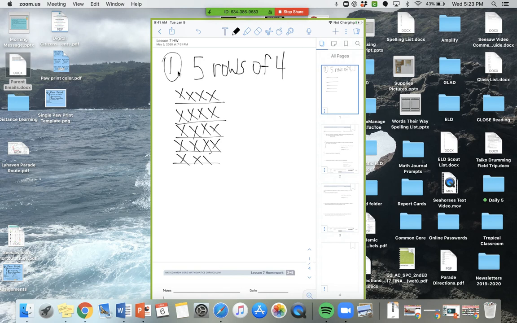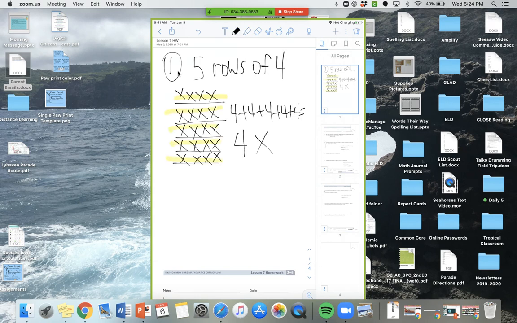1, 2, 3, 4. And if you're using your multiplication strategies to find the product, you can skip count or you can write a repeated addition equation. So you're adding the number 4 5 times, which if you're writing that multiplication equation, it's the number 4 because this is the number that's being repeated.